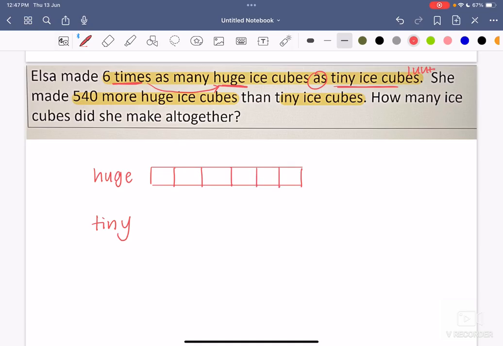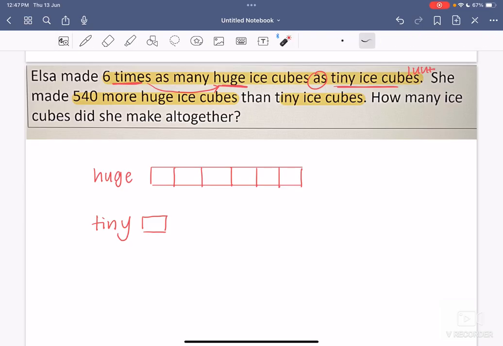And then of course the tiny one only has 1 unit. Done. We are done with drawing the comparison model, but we also need to put in all the additional information to help us solve the question. In this case, she made 540 more huge ice cubes than tiny ice cubes.